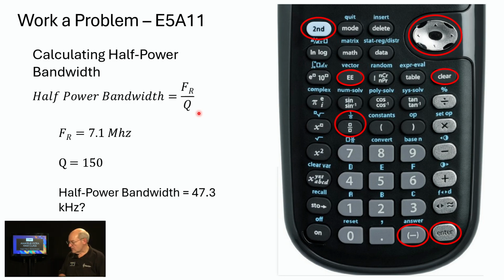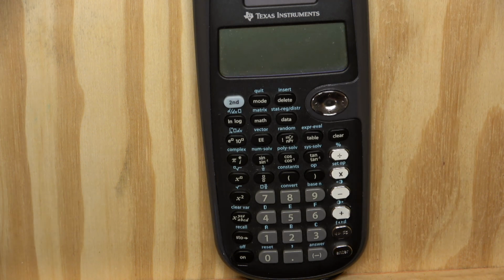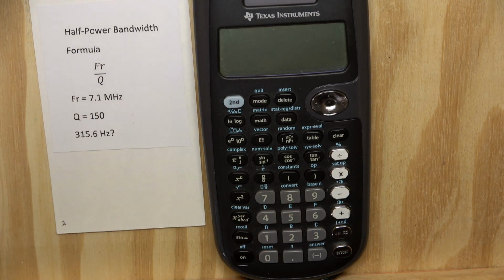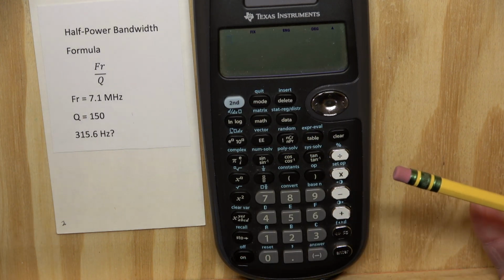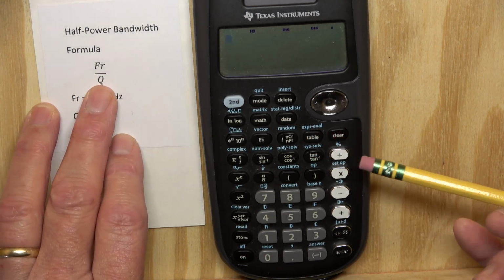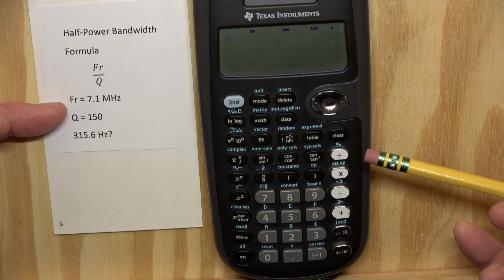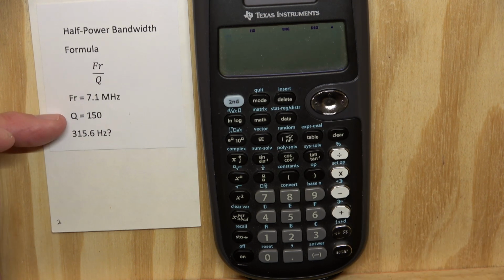Let's go over to the calculator. I'll turn it on. Clear it. So it's the frequency of resonance divided by Q. They're giving us the frequency of resonance as 7.1 megahertz, and the Q is 150.